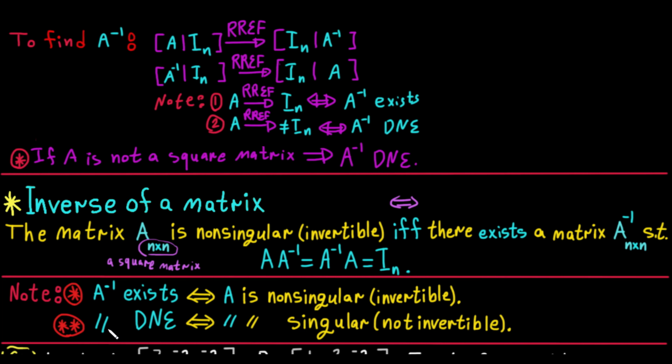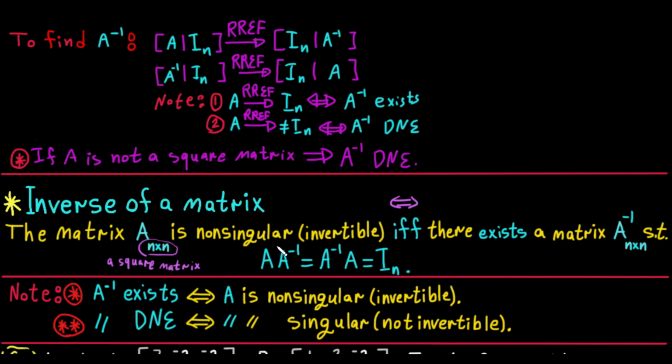And the same thing here: if A inverse does not exist, then A is singular or not invertible. And if they tell you A is singular or not invertible, you have to know that A inverse does not exist.